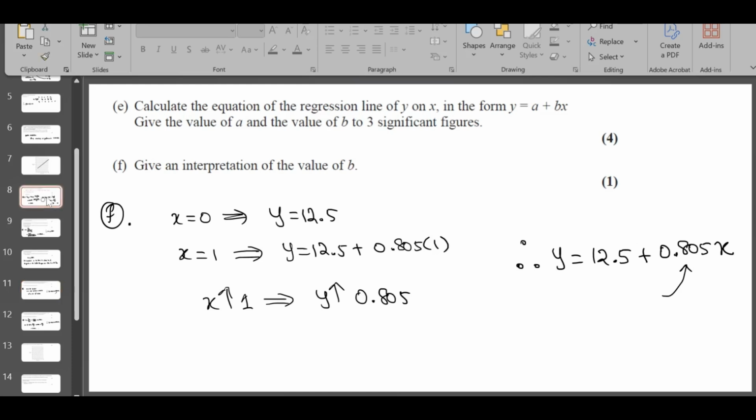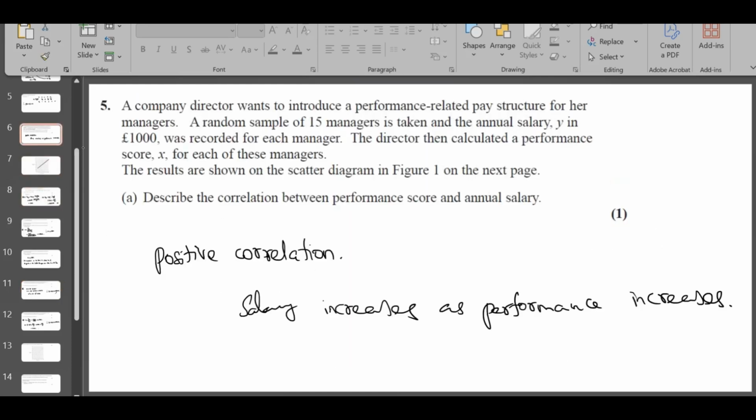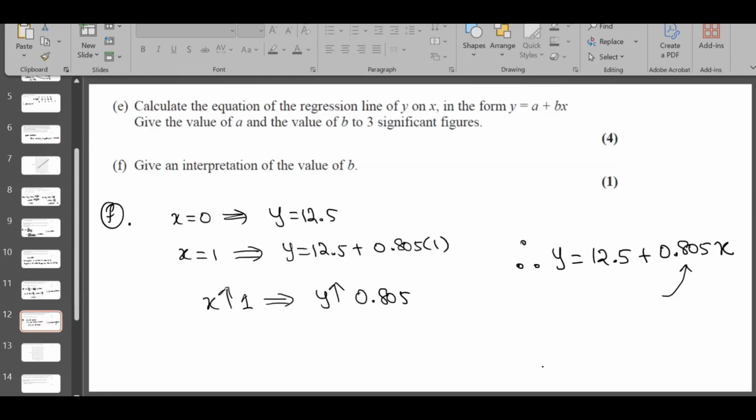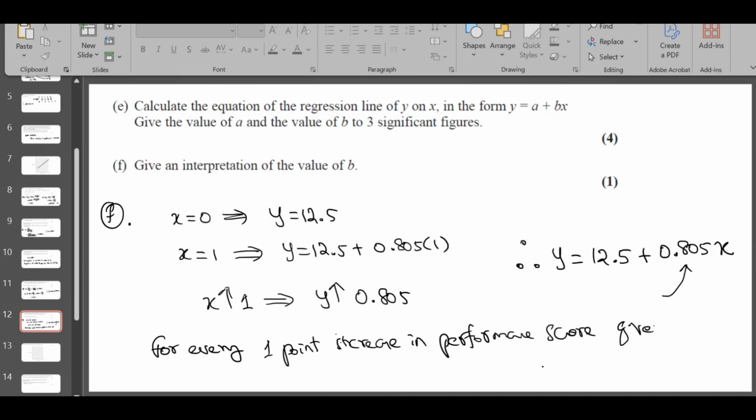Let's go back and read the question. X is basically the performance score and y is annual salary, right? So for every 1 point increase in performance score, it gives an extra... you cannot write 0.805.